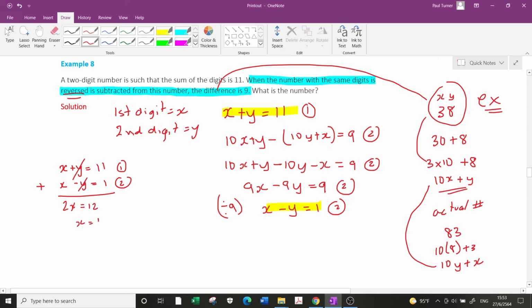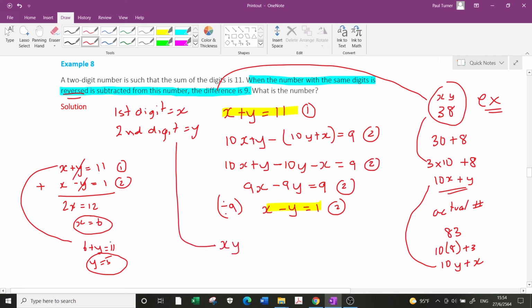So x will be 6. Okay? And then from this equation, 6 plus y equals 11. So y must be 5. Okay? So that means our number, which is xy, must be 65.